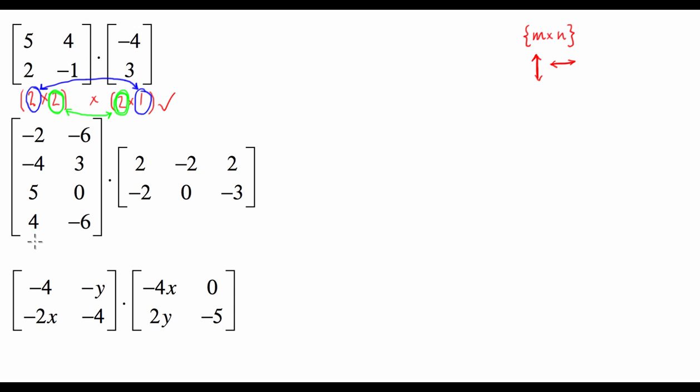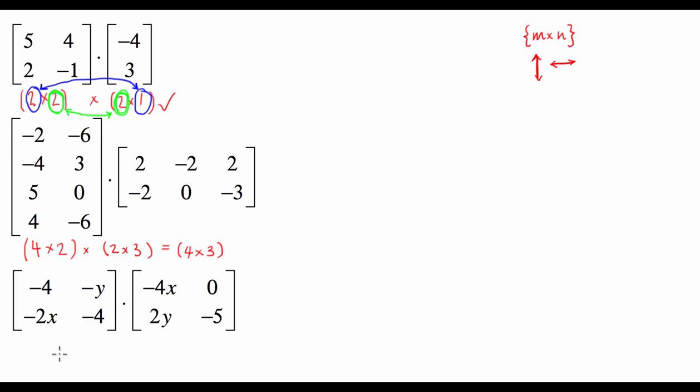The next one, we have a 4 by 2 matrix, and we're going to be multiplying that with a 2 by 3 matrix. The inside numbers match, and we should expect at the end to get a 4 by 3 matrix.